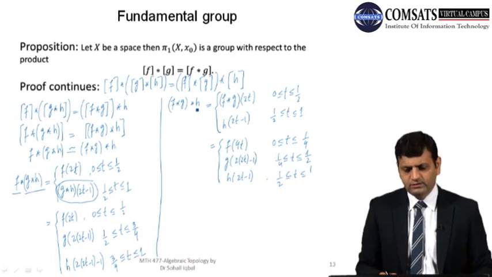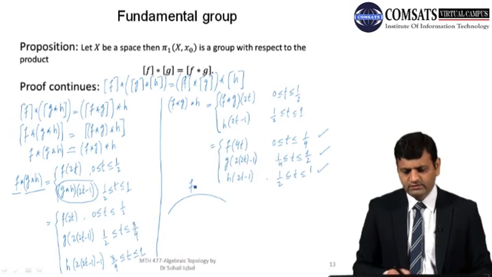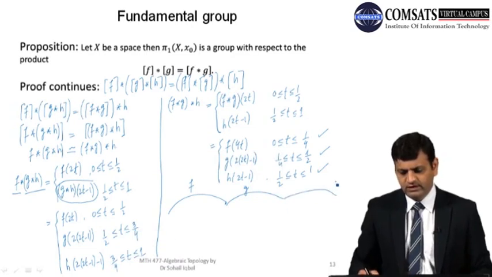So if we notice these two functions, f star (g star h) and (f star g) star h, the first function is f, the second is g, and the third is h. And we also know that for example in this case, if I vary t from 0 to 1/2, then I'll be getting the whole function f. Similarly when I move from 1/2 to 3/4, I'll be getting the whole function g. And when I move t from 3/4 to 1, then I'll be getting the whole function h.